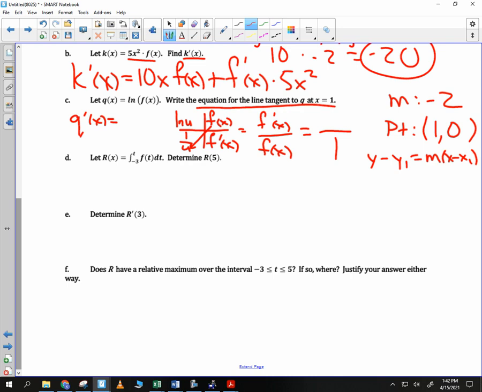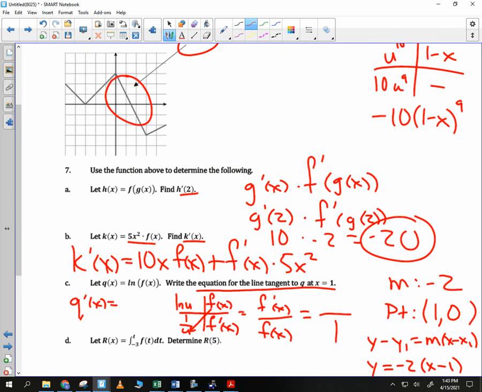And so you end up with y minus 0, which is y, is equal to negative 2 times x minus 1. F prime of 1, we're looking at the slope at 1. Slope is negative 2.